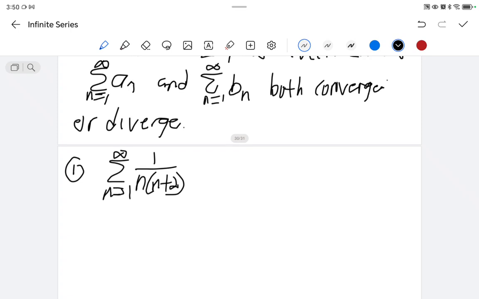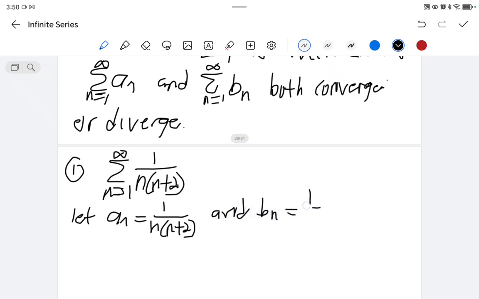Now I'm going to use the limit comparison test for the same question. So, same approach, I let a of n be equal to 1 over n plus 2, and I let b of n be equal to 1 over n squared. You know how we came about this, right?